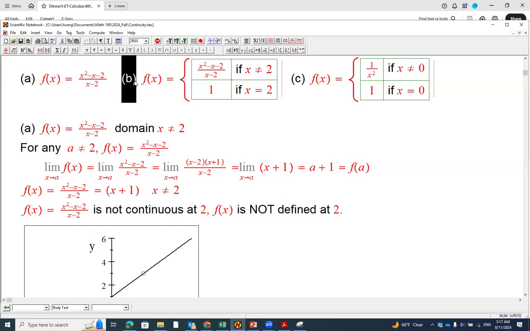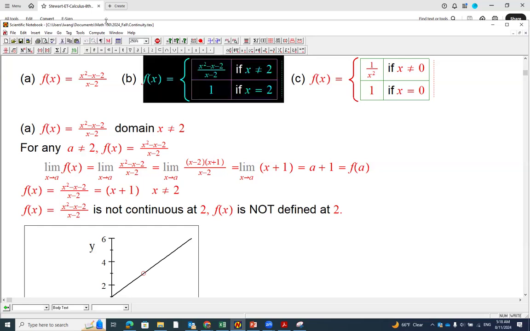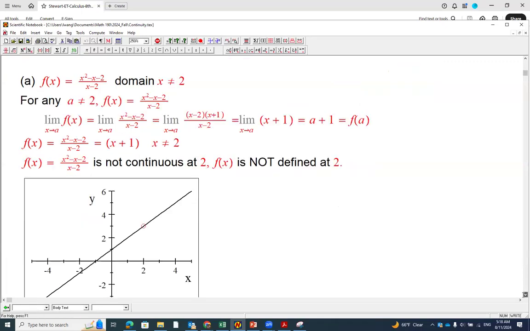B is trying to do that, because we know the only problem is that the function is not defined at 2. Therefore, maybe we can do something to remove that discontinuity.